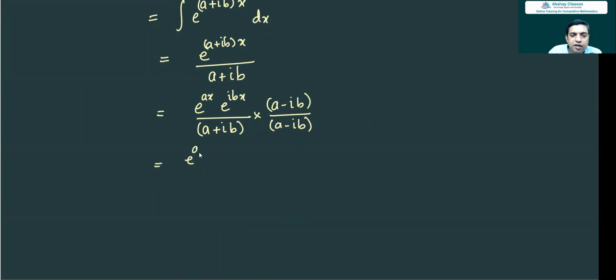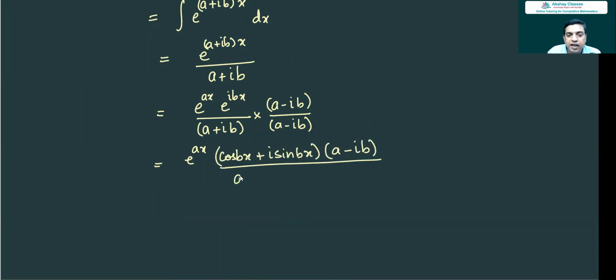So we get e power ax into cos bx plus iota sine bx times a minus iota b, by a plus ib times a minus ib, which is a square plus b square.